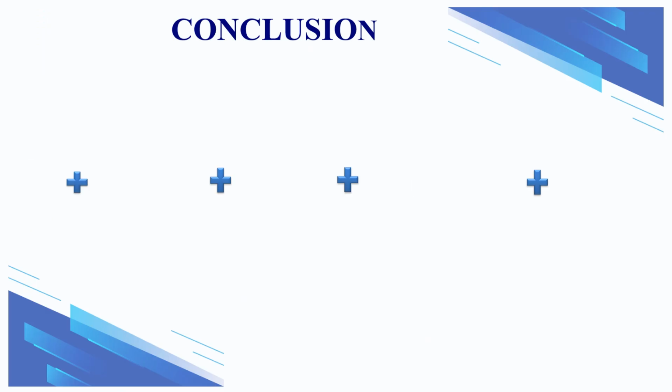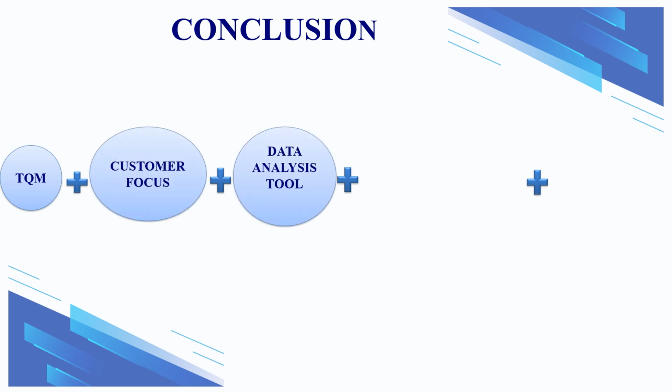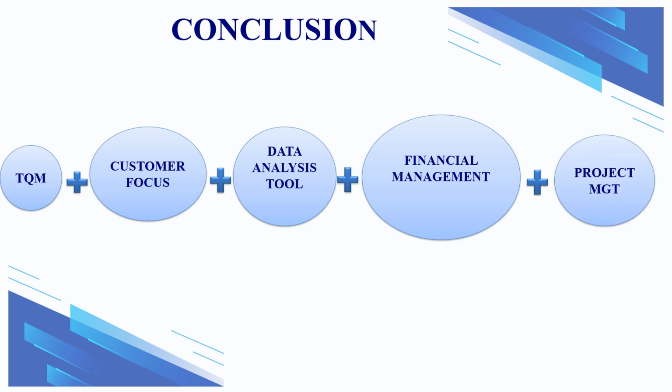This is the conclusion of Six Sigma methods used in the food industry. In the conclusion, we know which steps are required for the Six Sigma methodology: TQM, meaning total quality management, then customer focus, then data analysis tools, financial management, and project management.